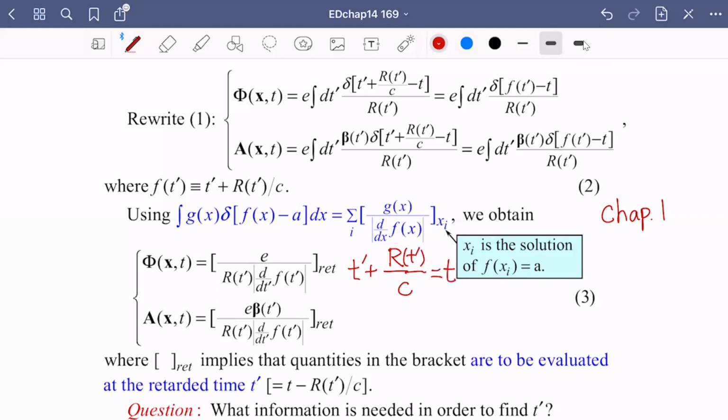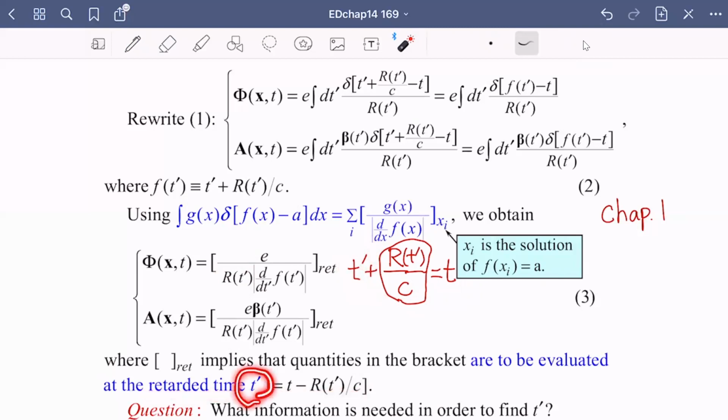T is the observer's time, and t prime is the source time. Then it takes time to propagate from the source to the observer. Therefore, they have a simple relation. This time is called the retarded time.